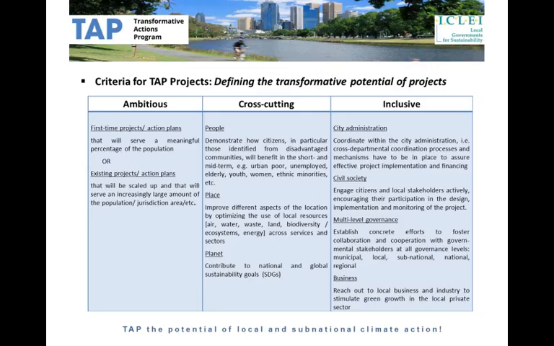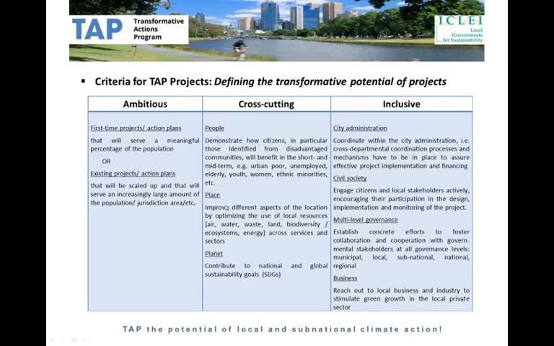Regarding the ambitious part, projects can be either first-time projects that will benefit a large proportion of the population, or they are already existing projects and will be scaled up to benefit an even larger proportion of the population.